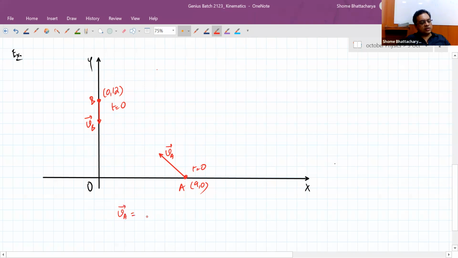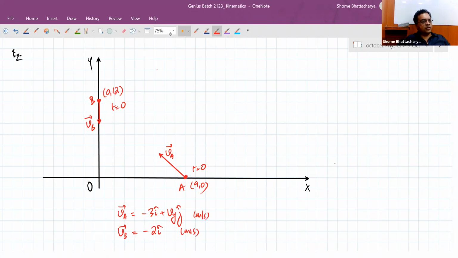VA is given to us as -3 i cap plus some Vy j cap, and VB is given to us as -2 i cap, in meters per second. X and Y are also in meters.